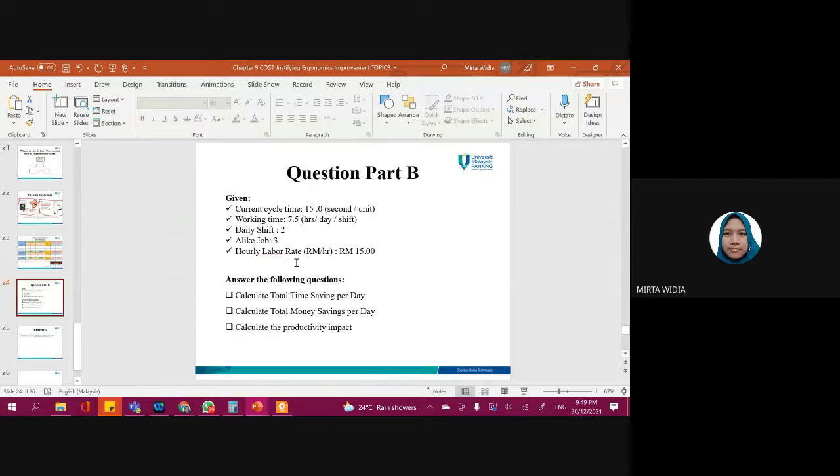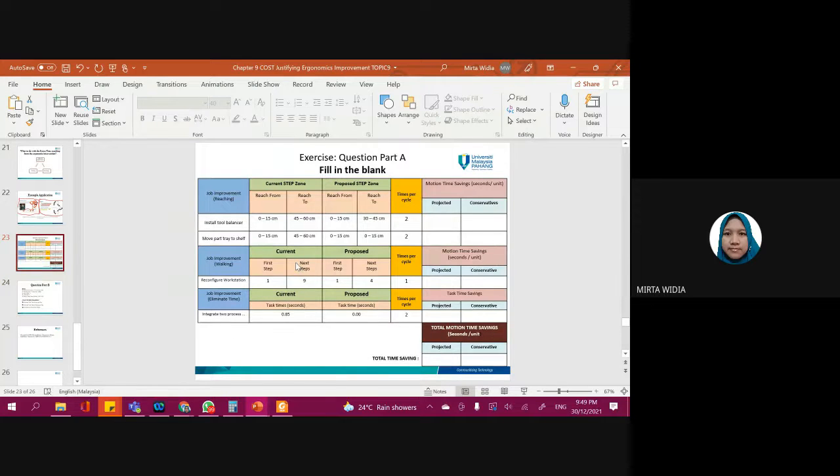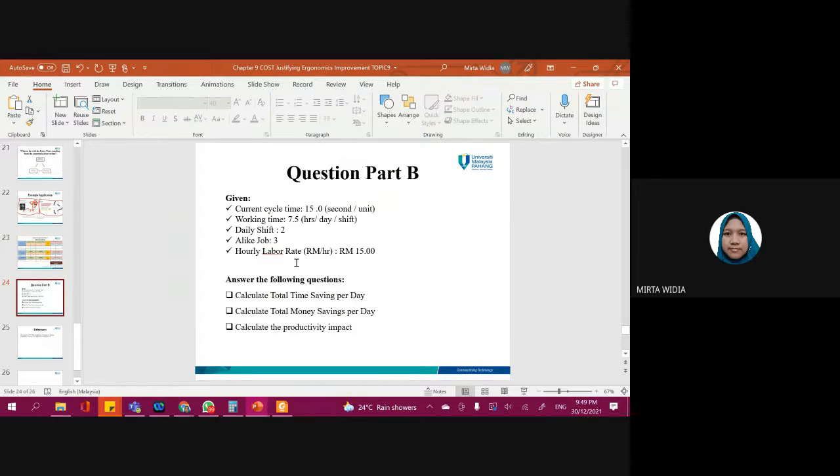Question part B-nya, after you determine atau calculate the motion time saving second per unit, so you need also to calculate the total time saving per day. Calculate the total money saving per day, and last is calculate the productivity impact.